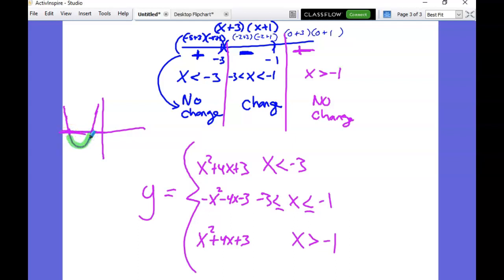Right there, right? But when you take the absolute value of this thing, what happens to all those negative y values? Guess what the graph would look like if you took the absolute value of it? This would look the same, this would look the same, but everything down here would get flipped up like that. Kind of weird, huh? It's like a W.